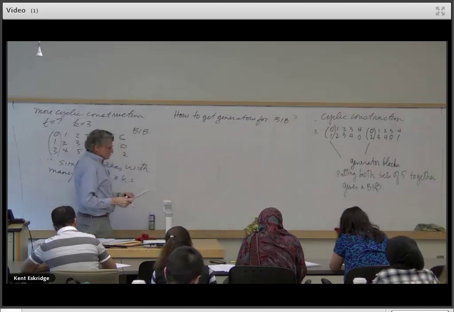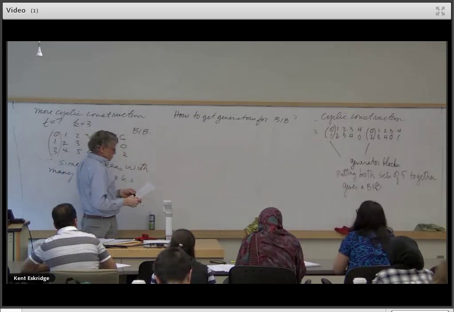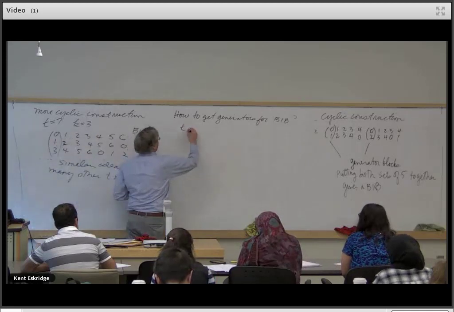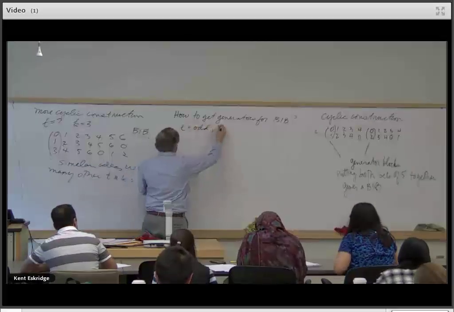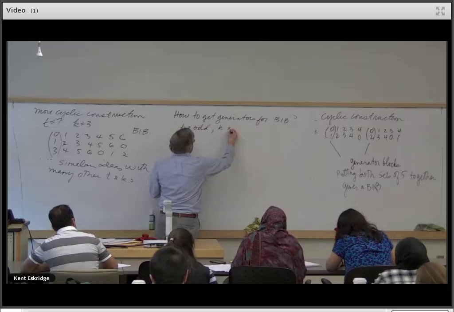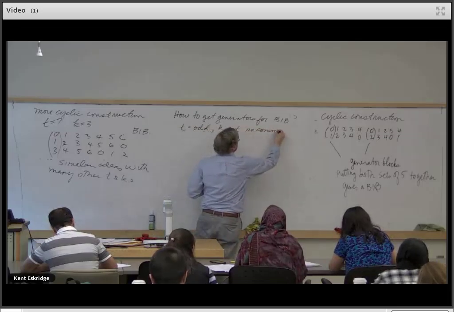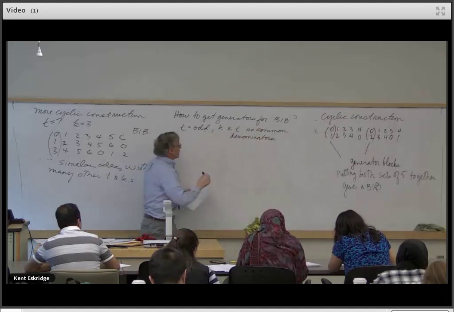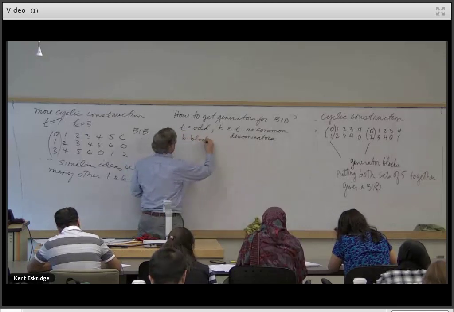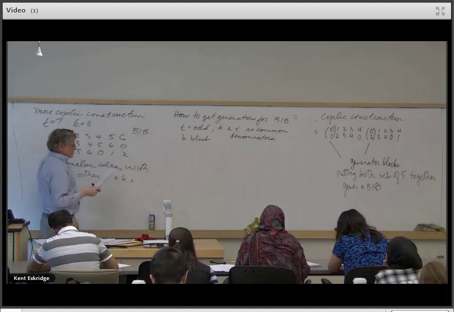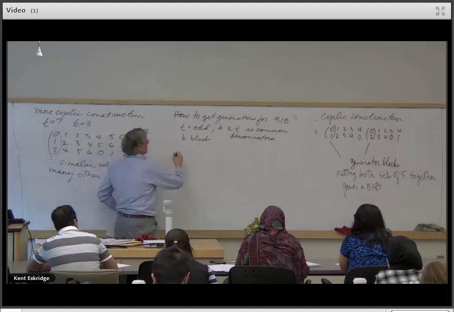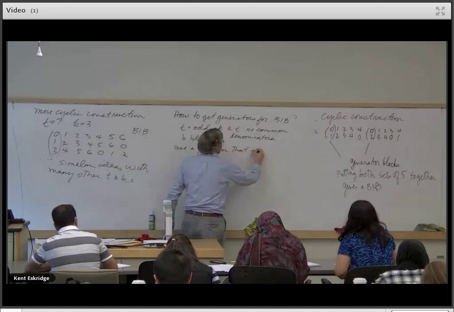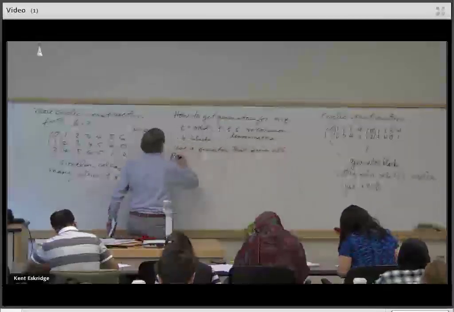Well, in the simplest case, if T is odd, and K and T have no common denominators, and we have B blocks, then we use a generator that gives all possible differences equally often.